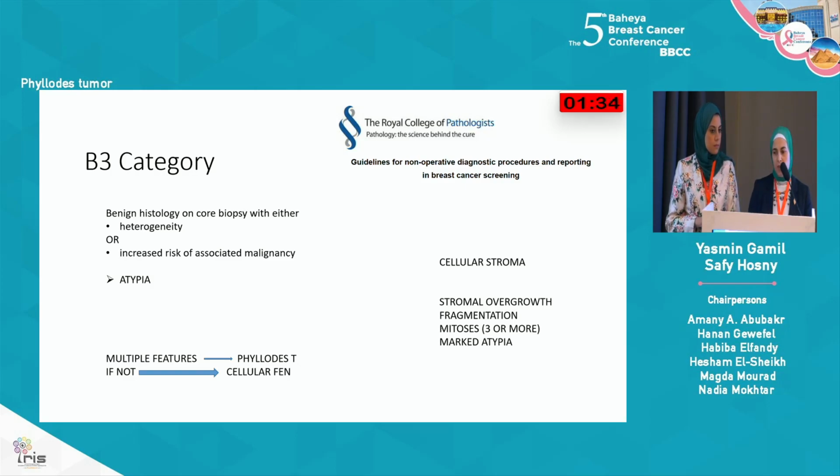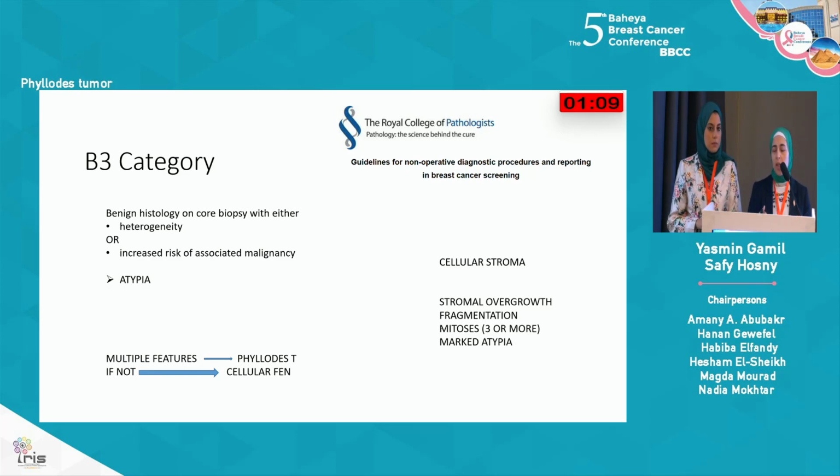When we receive a biopsy that just shows a cellular stroma within a fibroepithelial lesion, we can diagnose it as a cellular fibroepithelial neoplasm, and we can recommend complete excision of the mass with an intact capsule. We can say that possibilities include benign phyllodes tumor and cellular fibroadenoma.